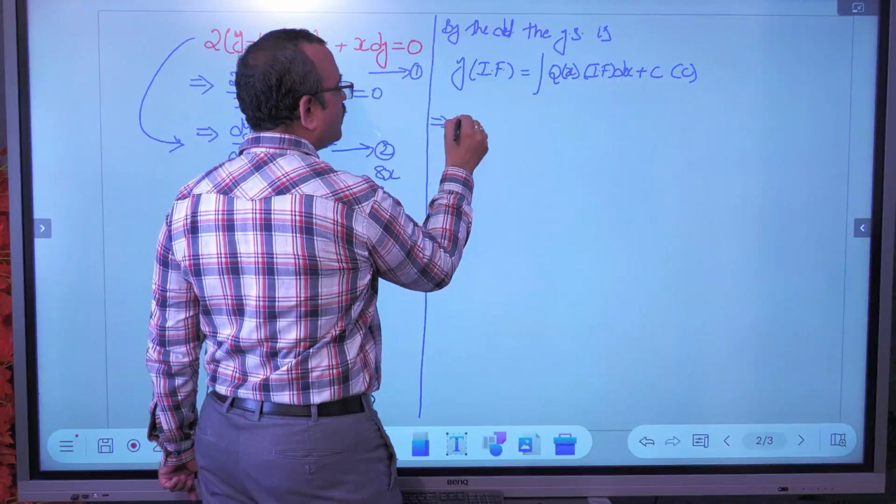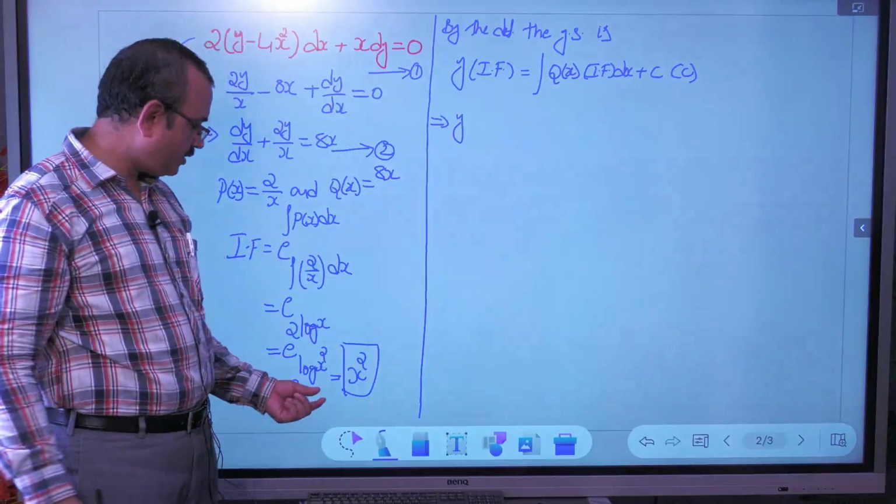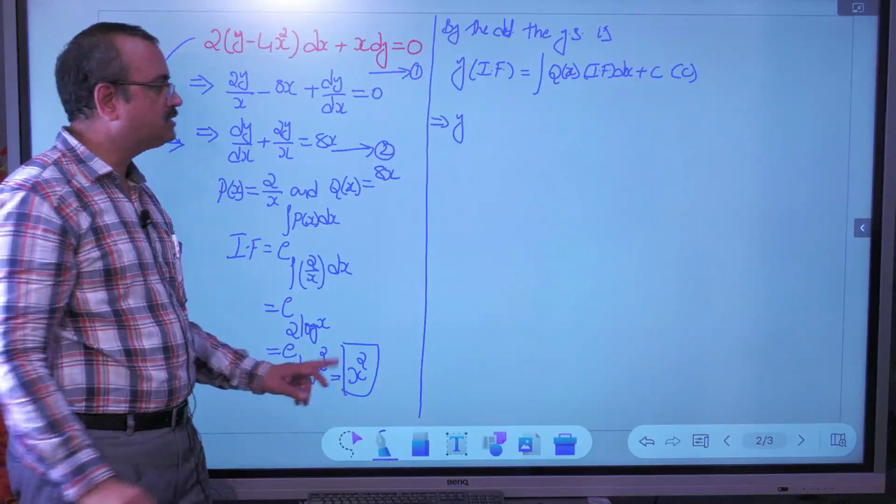That implies y into, already here we got the integrating factor, x².